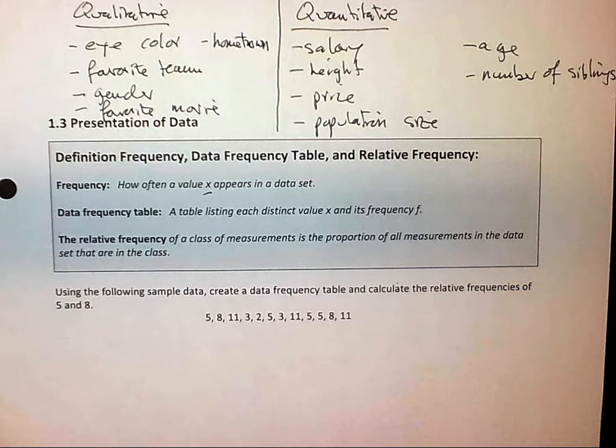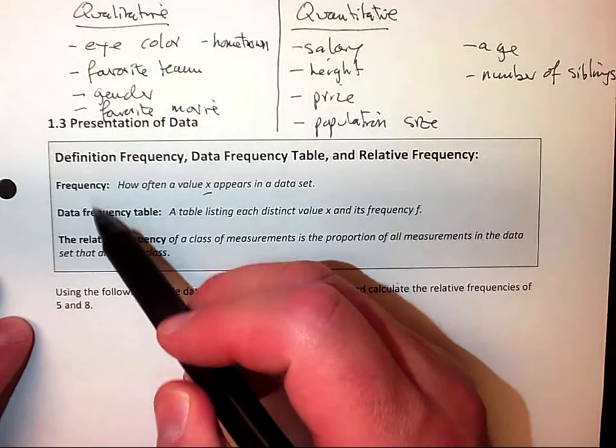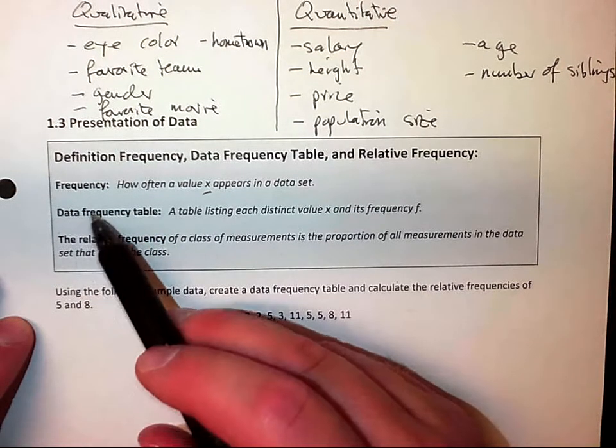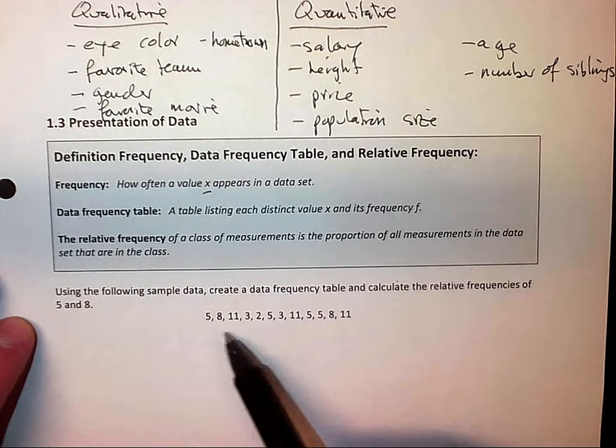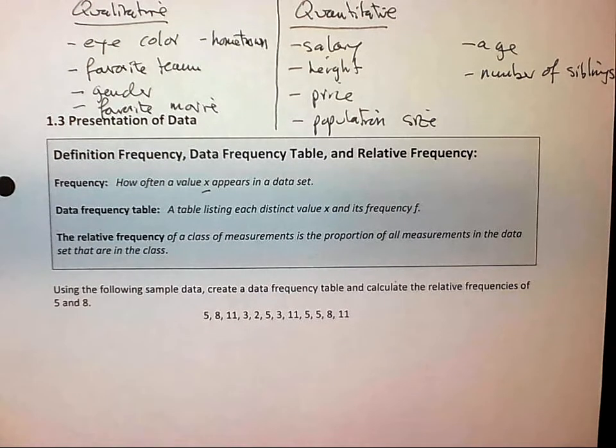So let's look at frequency, make a data frequency table, and also calculate the relative frequency using this data set right here. Let's start off just with frequency. If I asked you what is the frequency of the number 5, you would say what? 4, right?